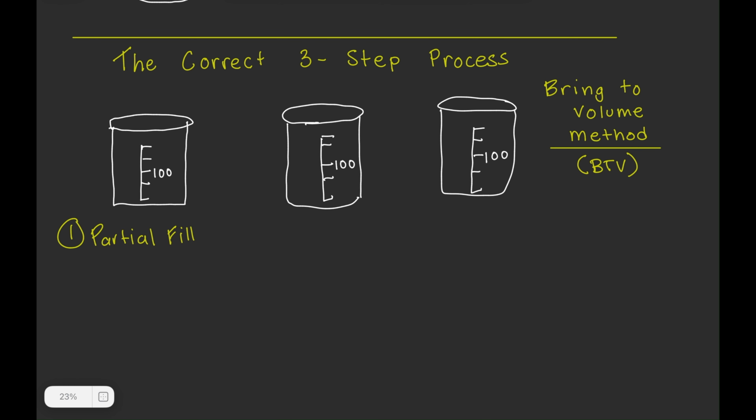And so in blue, we'll come to our water. We're going to add our weighed solute to a vessel containing less than our target volume, which will usually be somewhere between 70 and 80%. Remember the meniscus. So we're saying that we have just partially filled our vessel. Partial fill, and we'll say it's about 70 to 80% full.